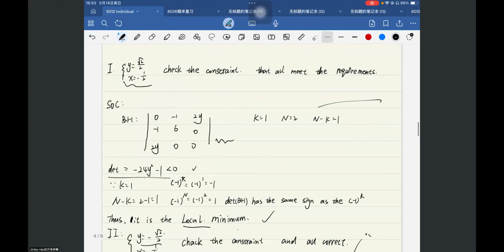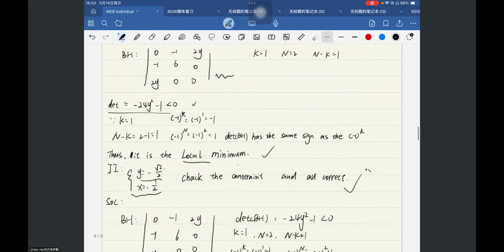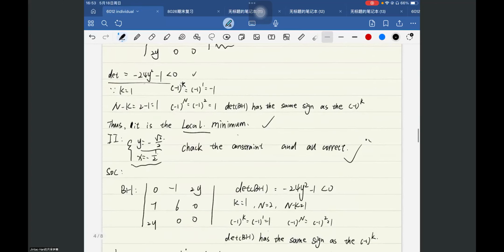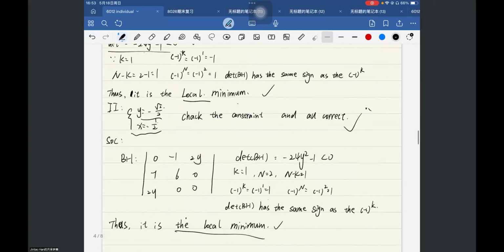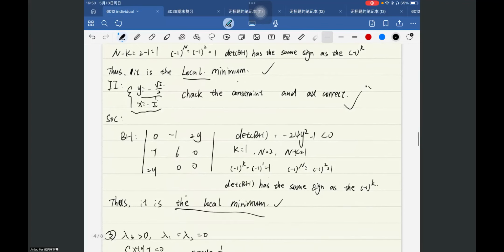We can find the sign of negative 1 to the power of k is the same sign as the determinant of the bordered Hessian. So this is the local minimum. Another situation, because the bordered Hessian is the same, so this is also the local minimum.